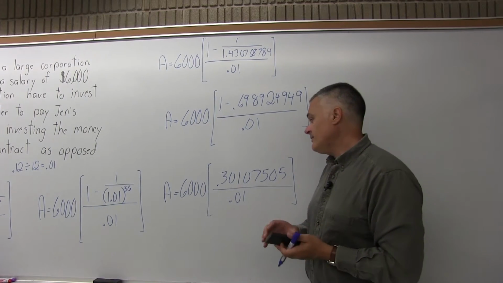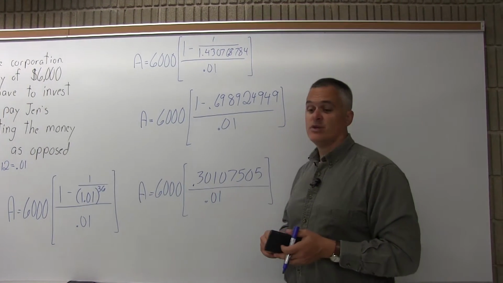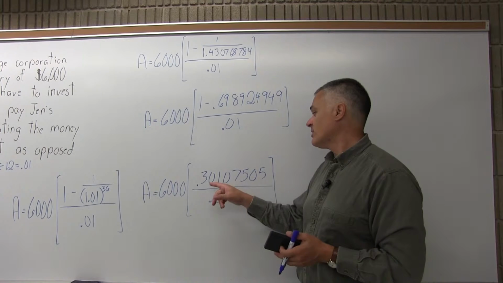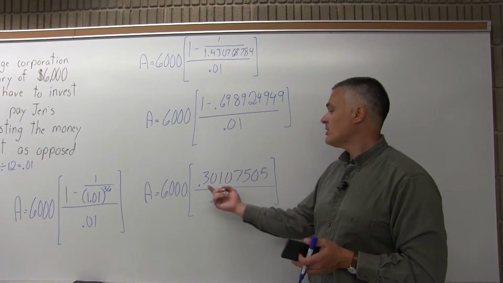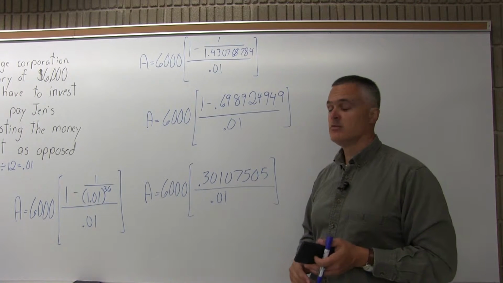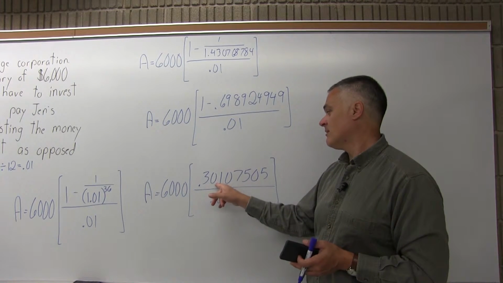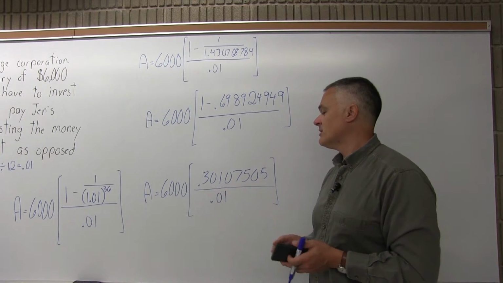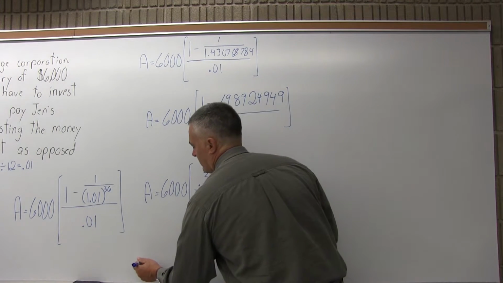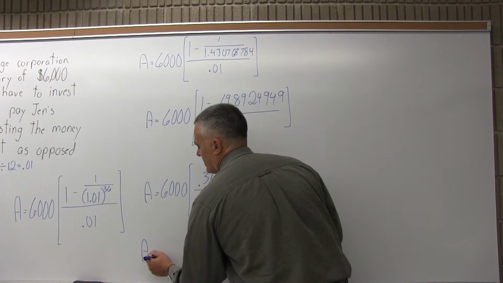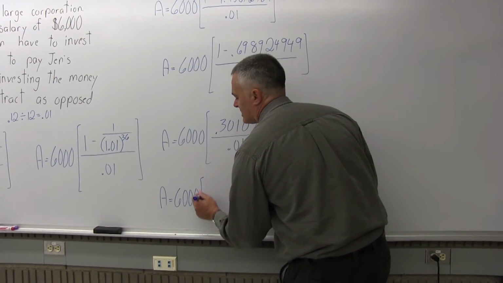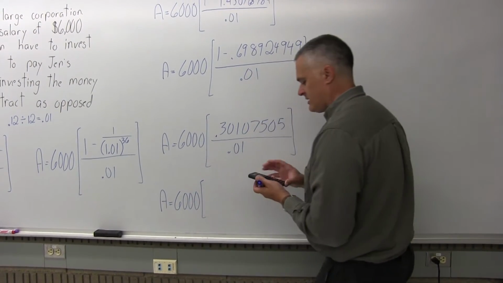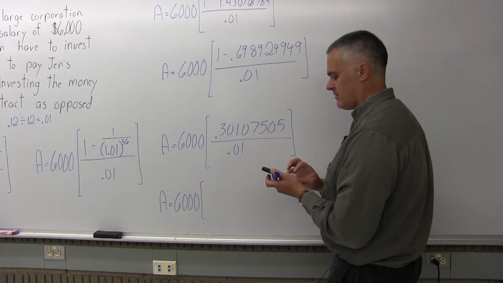So now the brackets that I've been using just have a division in it, 0.30107505 over 0.01. The 0.01 should just pull the decimal over 2 positions, same digits, but with a decimal in a different spot. That'll give me A equals 6,000 times, in the brackets I'm just going to have one number, and I'll just verify that on the calculator.